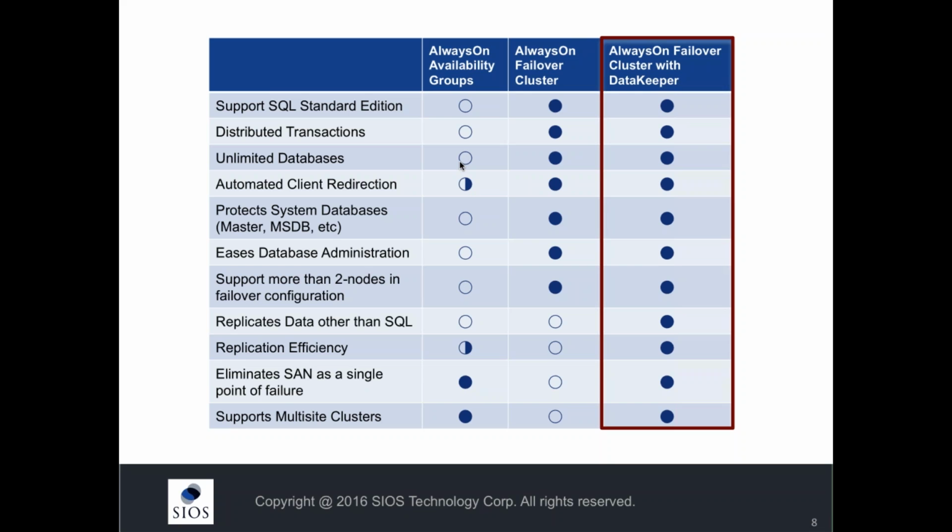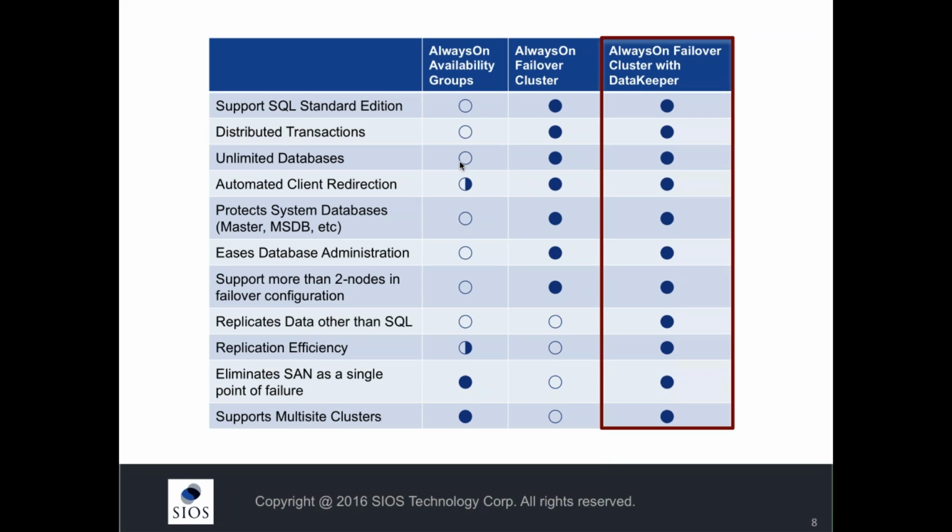Microsoft allows you to form a 2-node failover cluster instance using Standard Edition. Now, if you go to 3 or more nodes in the same cluster, well then, you would have to go back to Enterprise Edition. But if you just want high availability in a 2-node configuration, you can do that with SQL Server Standard Edition. So that's one difference.